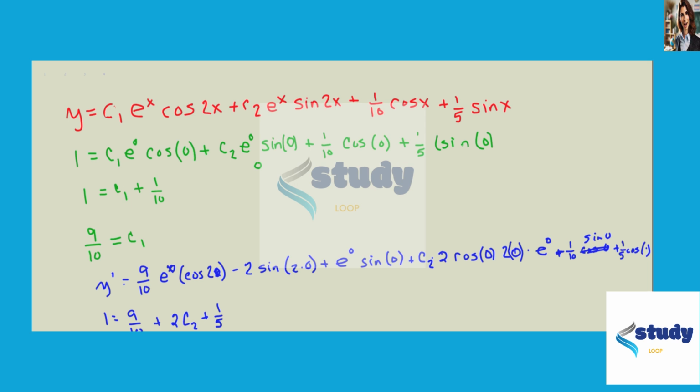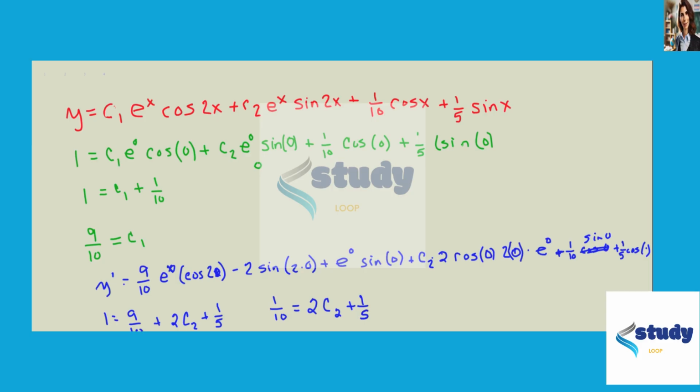So now I'm going to subtract 9/10 and I get 1/10 equals 2c2 plus 1/5. I'm going to subtract that from both sides.